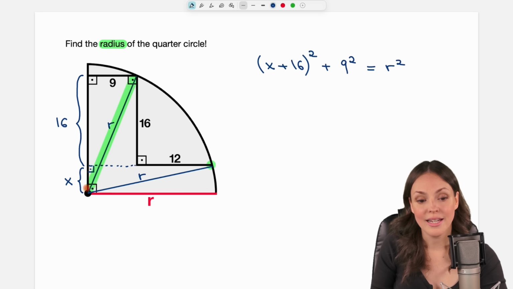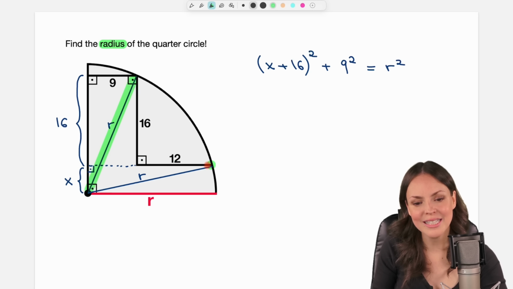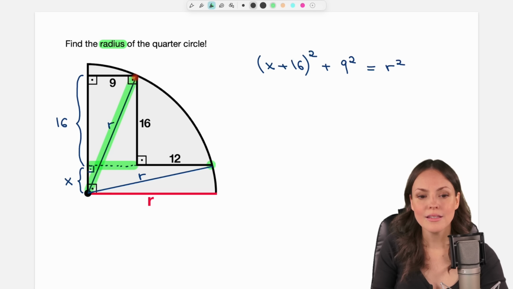The length of this side is x. The length of this side is r. The length of this side, well, this part is 12. What about this part here? This is my 9. So I have length 9 here. So in total, I have length 21 here. Let's use the Pythagorean theorem again. So across my right angle here, this is my hypotenuse this time.